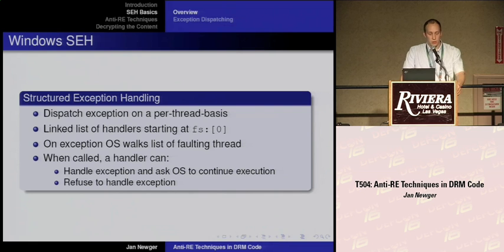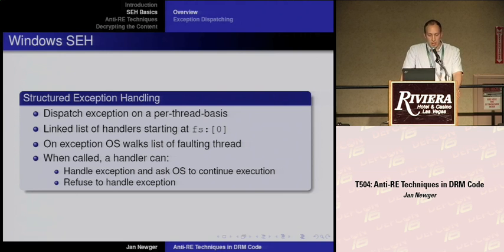This means every thread actually has a list of registered exception handlers, which is pointed to by FS:0. And whenever there's an exception triggered in the current running thread, the operating system walks this list and calls every handler until it finds one which responds to be able to handle the exception.